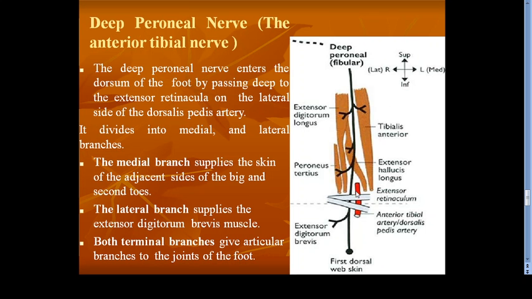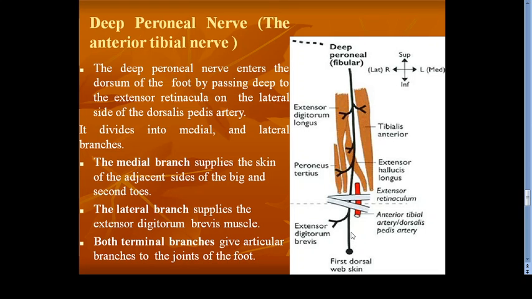Talking of the nerve of the anterior compartment, it is the deep peroneal nerve, also known as the anterior tibial nerve. Deep peroneal nerve enters the dorsum of the foot by passing deep to these retinaculums on the lateral side of the dorsalis pedis artery. Then it divides into medial and lateral branches.